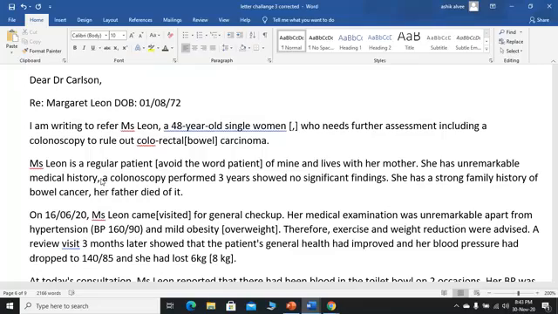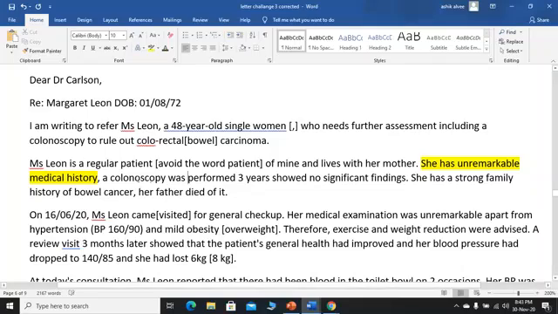This is a common error when you are linking two simple sentences, or should I say definite clauses. She has unremarkable medical history is one definite clause. A colonoscopy performed, also was performed, should be was performed. A grammatical mistake has been made here. So a colonoscopy was performed 3 years previously.